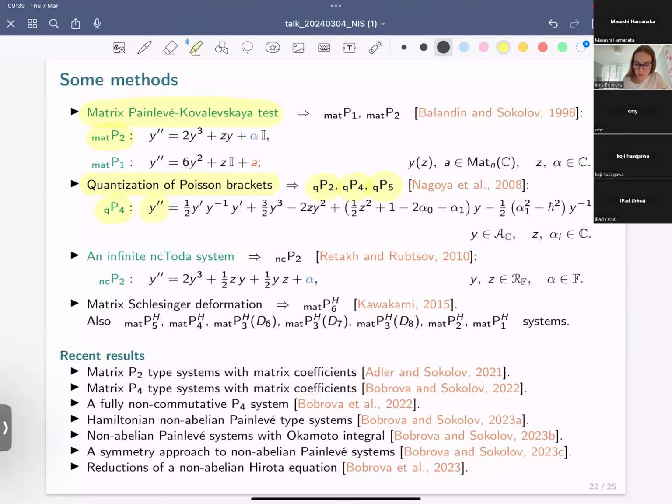But what we can see here is that this equation is second order, and it contains, in addition to these two parameters, alpha 0 and alpha 1, one more parameter, h bar. And this parameter is due to the fact that we have a quantum Poisson bracket in this case.